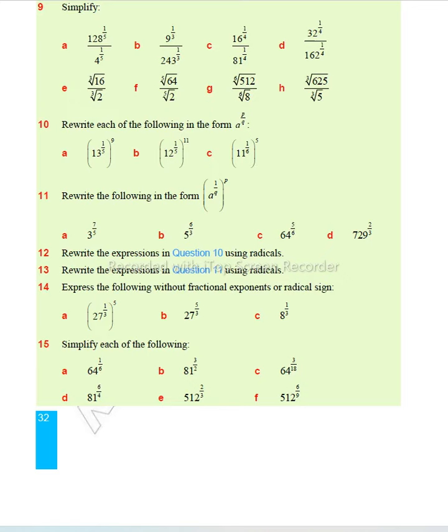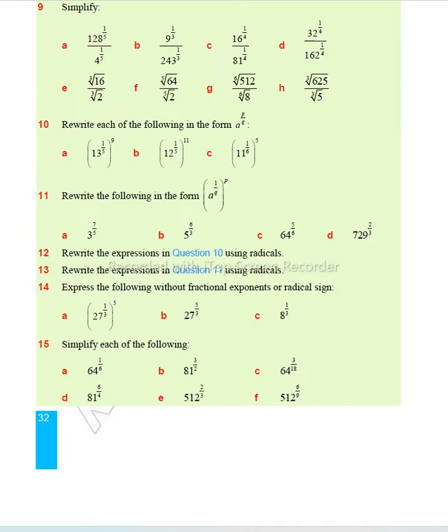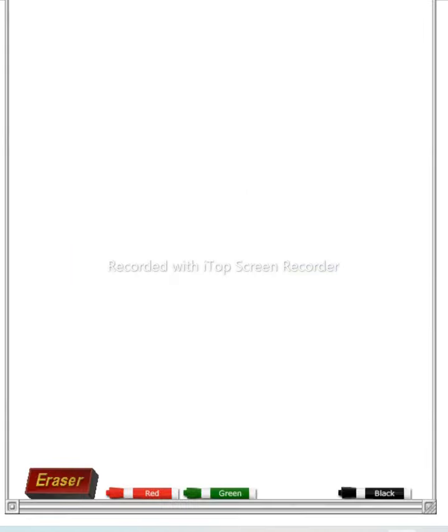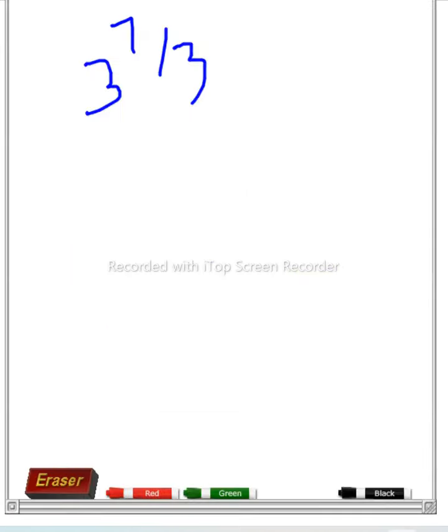Question number 11. Rewrite the following in the form of this. This is the reverse of question number 10. We can do it again. For example, if you take A, 3 to the power of 7 over 5.